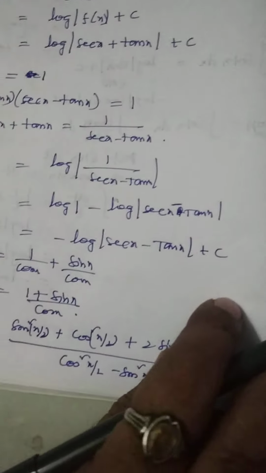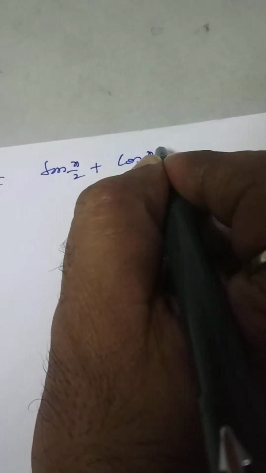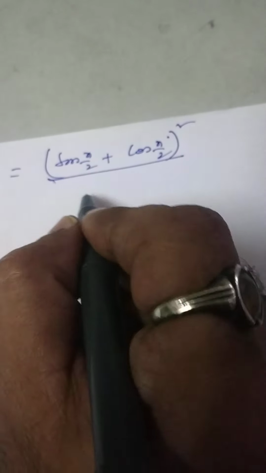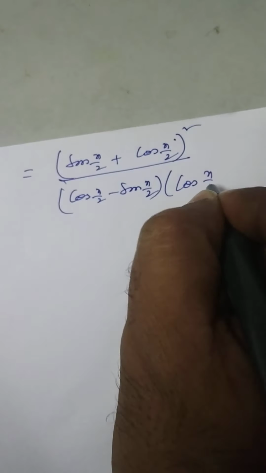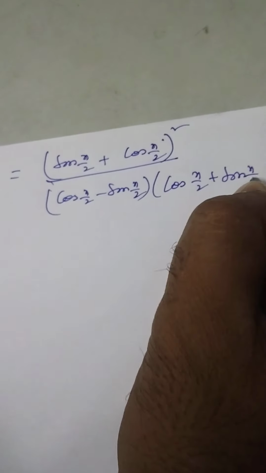So what am I going to get here? In the numerator, I am going to get sin x by 2 plus cos x by 2 whole square. In the denominator, I am going to write cos x by 2 minus sin x by 2 into cos x by 2 plus sin x by 2.